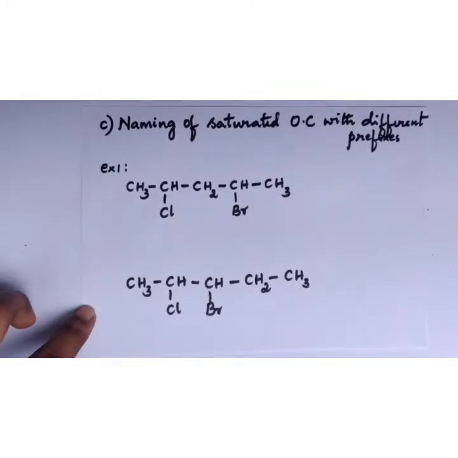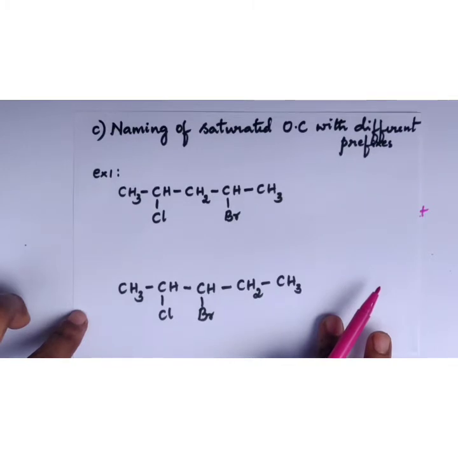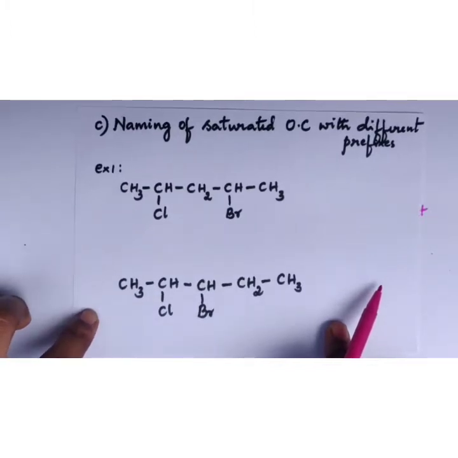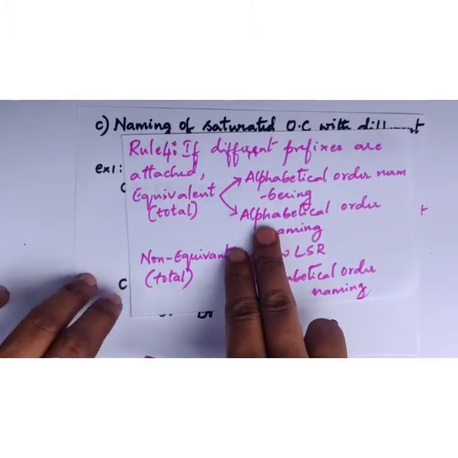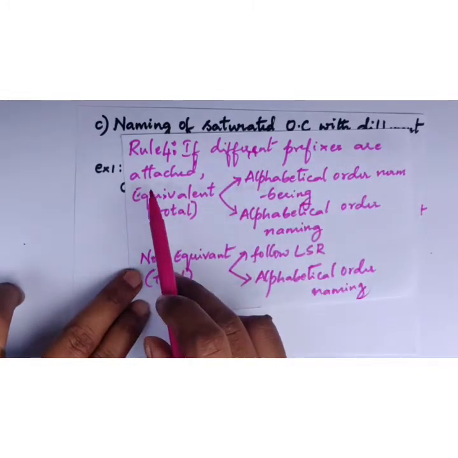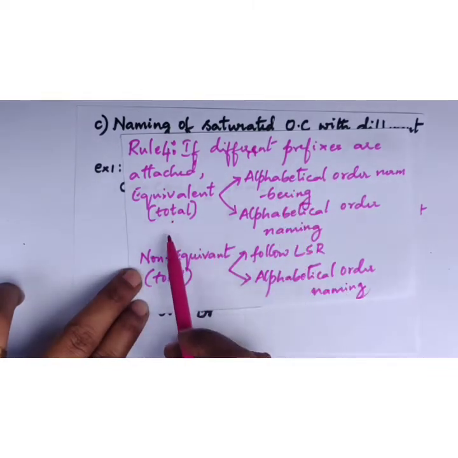Next one, naming of saturated organic compounds with different prefixes. The second example, we studied naming of saturated organic compounds with the same prefix, but here we will be starting with different prefixes. We have to follow the next rule: if different prefixes are present and the total is equivalent, the locants you have to total.